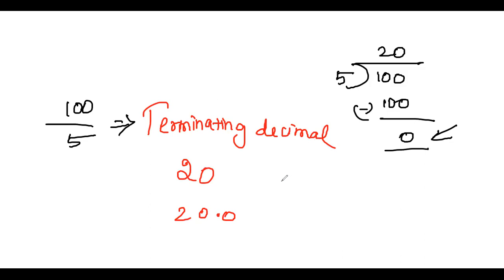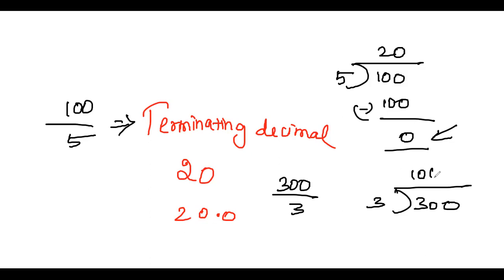For example, you take 300 divided by 3. So when you divide 300 by 3, what will be the quotient? 100. Good.